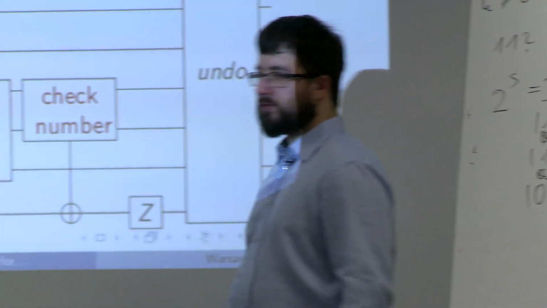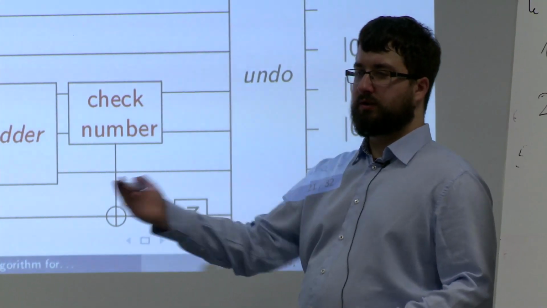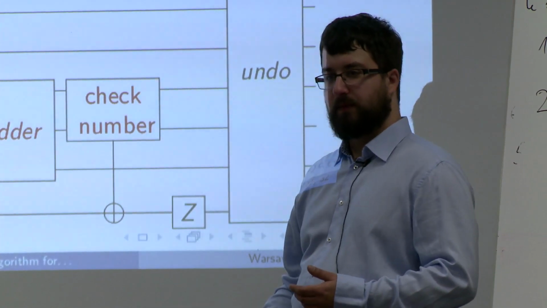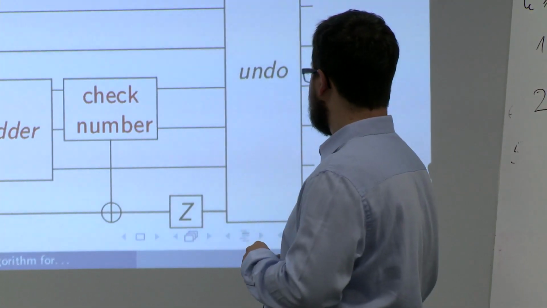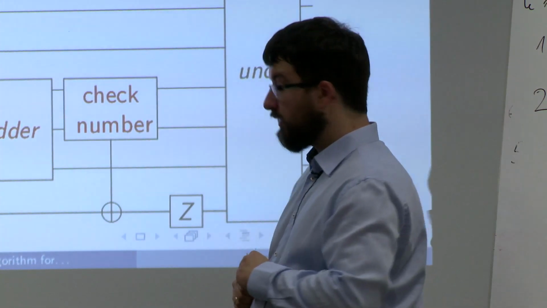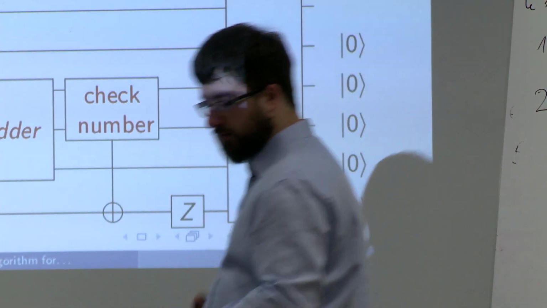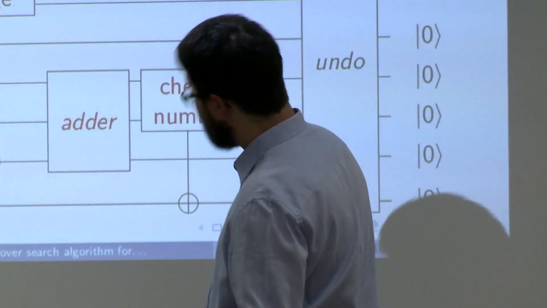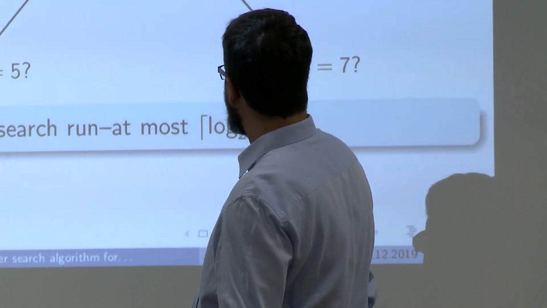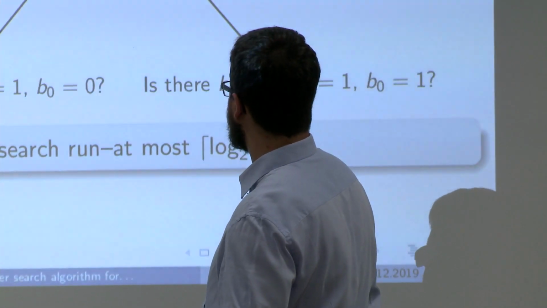And the Z gate just changes it by pi. This is quite a complicated improvement, I must say. So this is why I put it at the very end. But again, it saves actually a lot.